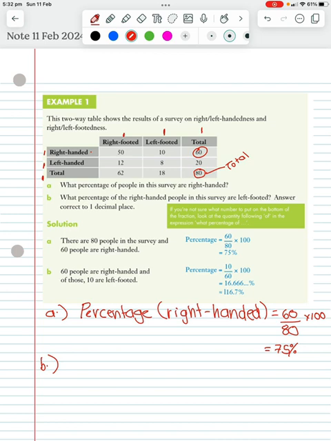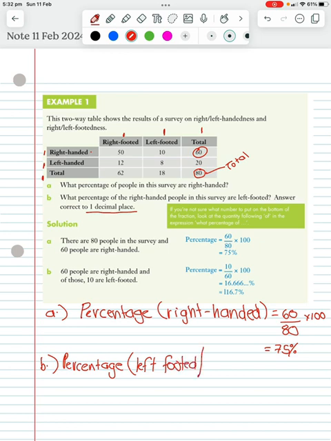So remember, we've got to think about rounding when we are rounding to a decimal place. So I'm going to write this a bit smaller so I can fit it all in. So percentage, and this is left-footed given right-handed.